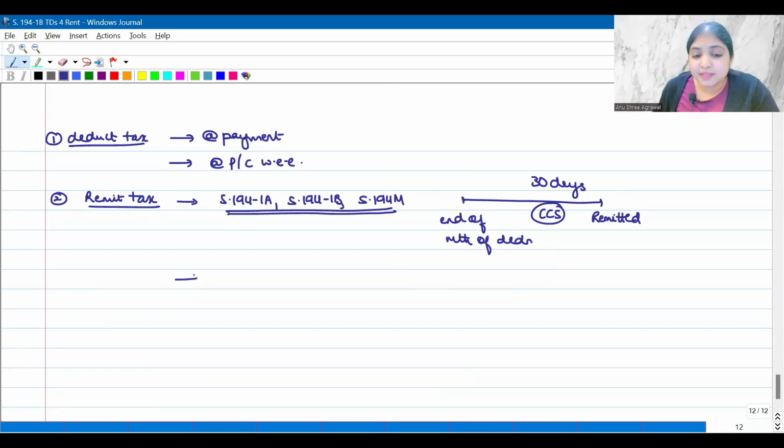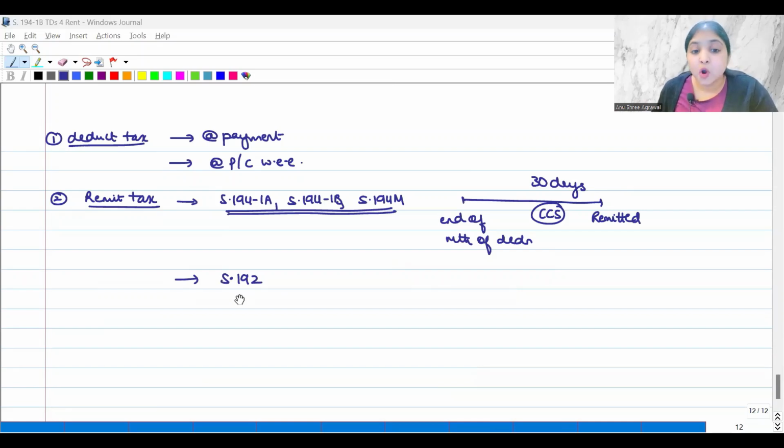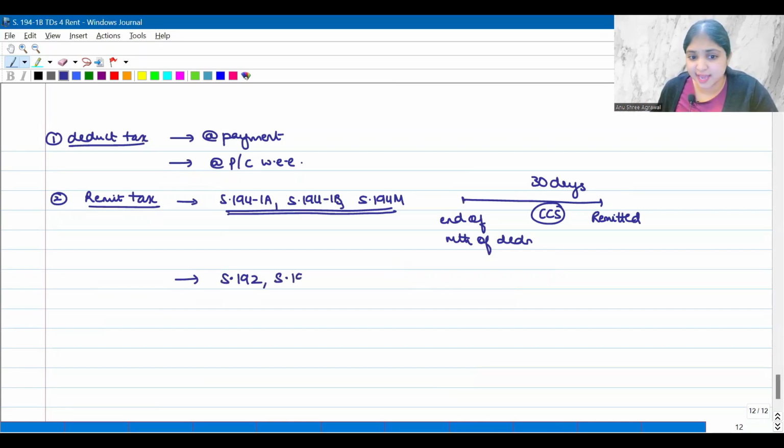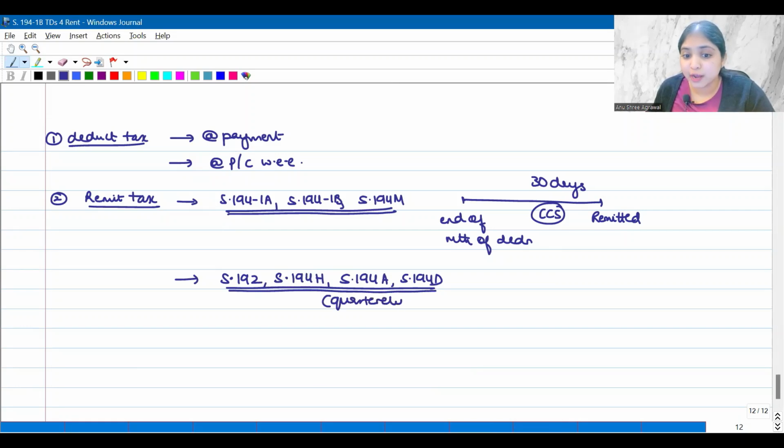Then listen, if the section happens to be section 192, TDS on salary, or the sections 194H, section 194A, or section 194D, these are the four sections. If any of these sections are applicable, section 192 salary section or these sections, here we will have to make the payment of TDS to the government quarterly. For example, the first quarter is April to June.